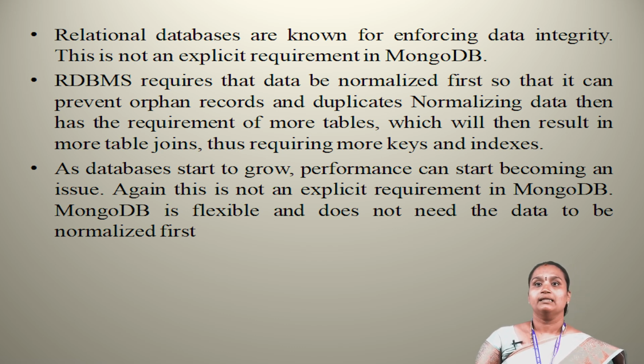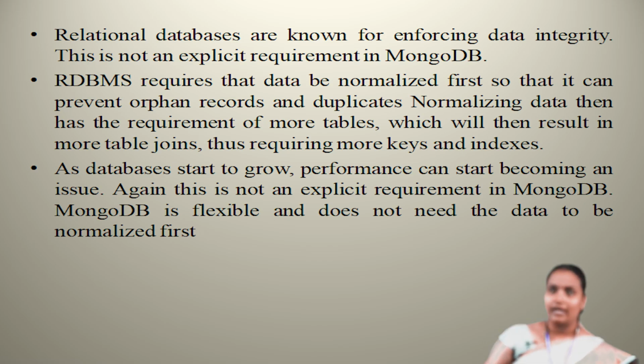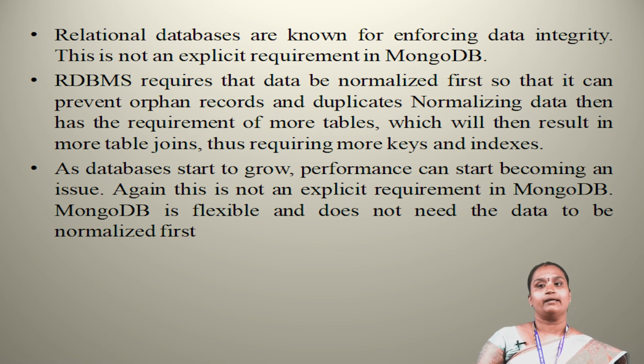The data then has to be spread over more tables, which will then result in more table joins requiring more keys and indexing. As the database starts to grow, performance can start becoming an issue. Again, this is not an explicit requirement in MongoDB. MongoDB is flexible and does not need the data to be normalized.